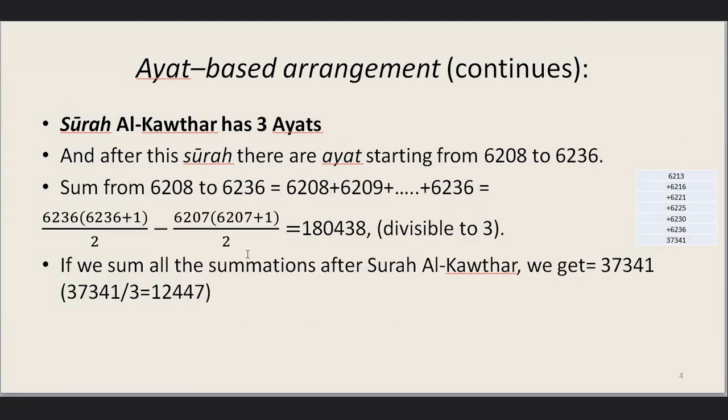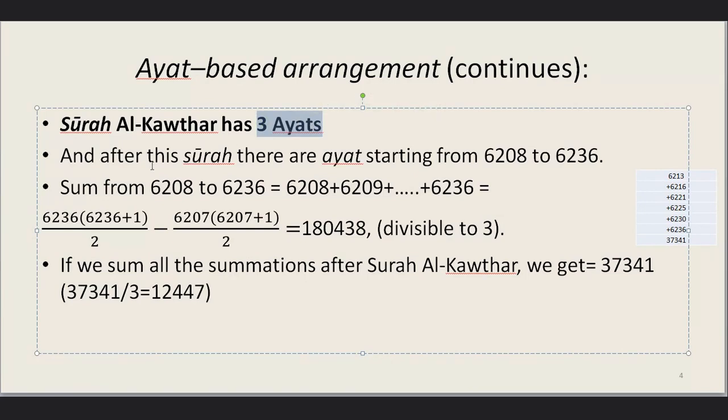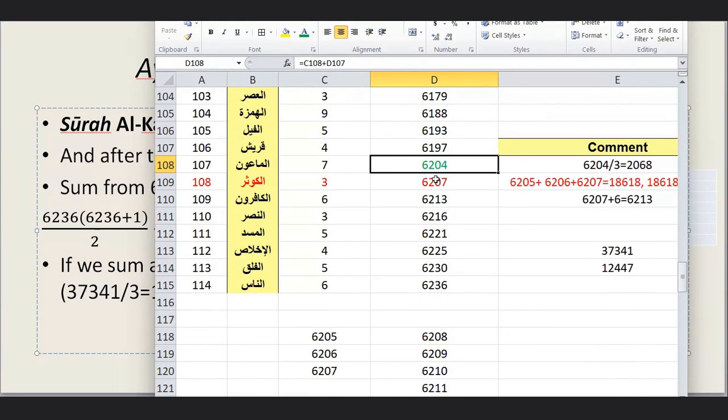Surah Al-Kawthar has 3 ayats, as we know. After this surah, there are ayats starting from 6,208, and it ends at 6,236. That means Surah Al-Kawthar ends at the 6,207th ayat, and Surah Kafirun starts from 6,208.